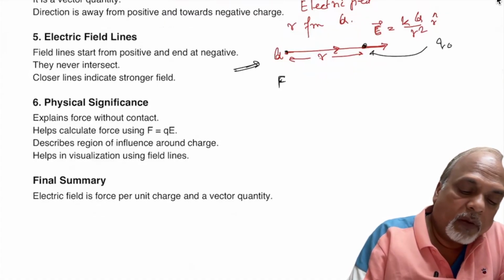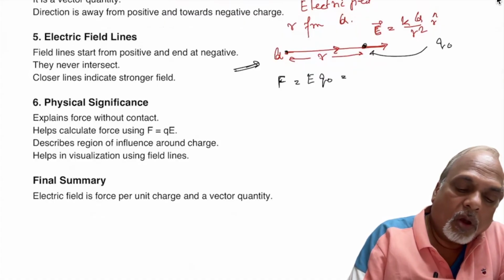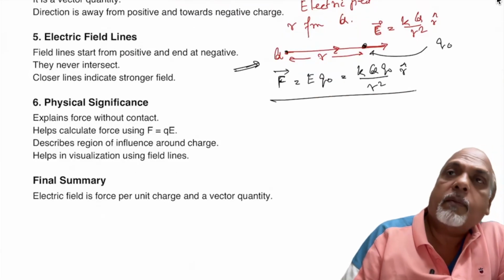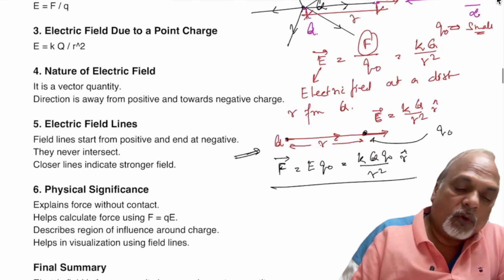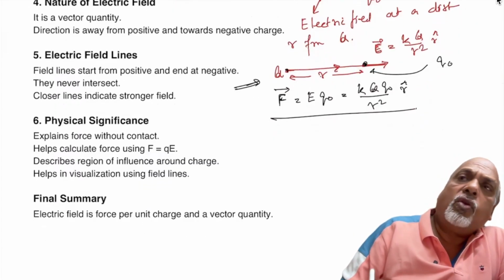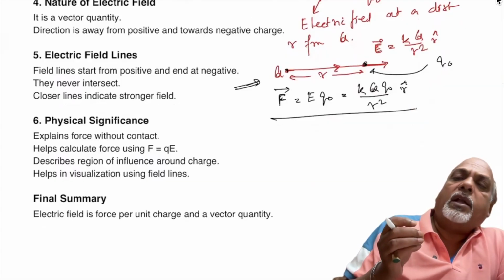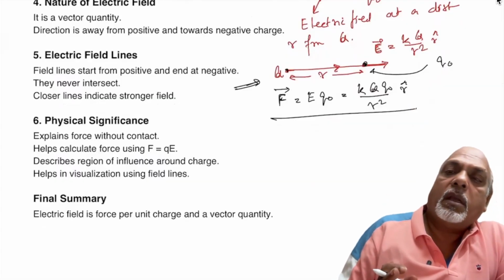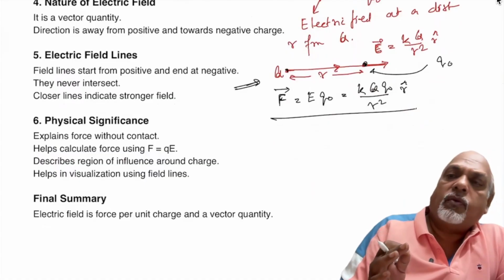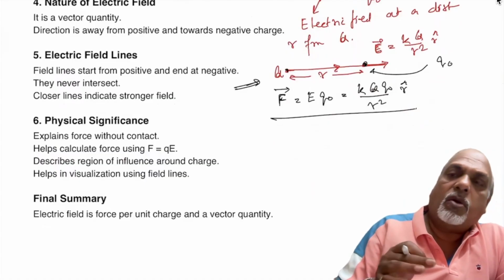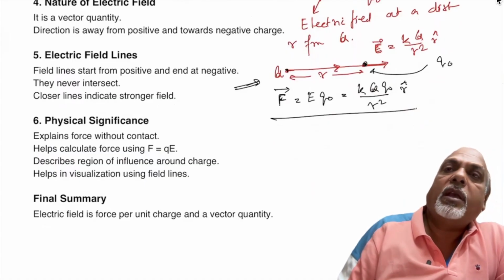It will experience a force of E into Q0, or K Q Q0 upon R square. Correct? So if you know the electric field at any point, then if you bring any charge to that point, it will experience a force.